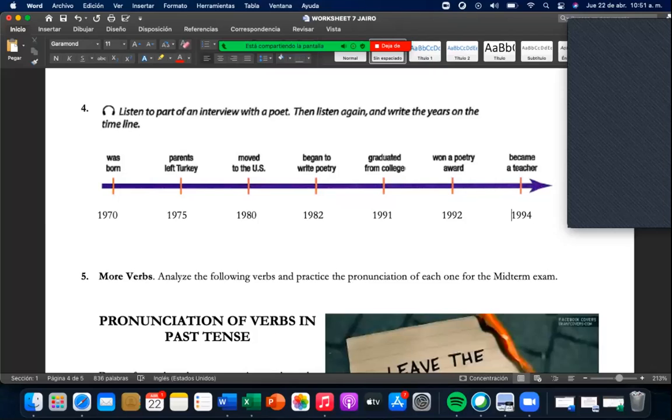He went to college to study agriculture, and then he graduated in 1991. Then 1 year after graduating, in 1992, he won a poetry award. And finally, he became a teacher in 1994, right? Very, very good. So guys, this is an example of a timeline of a poet.